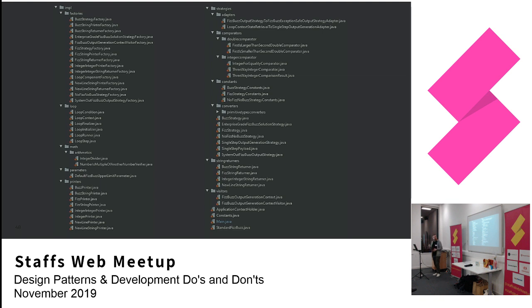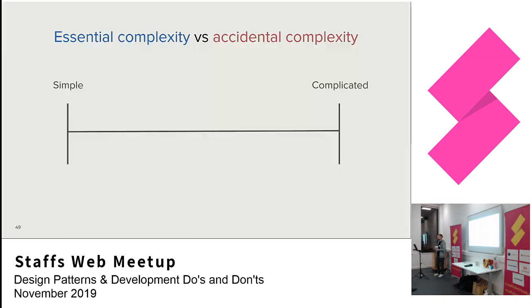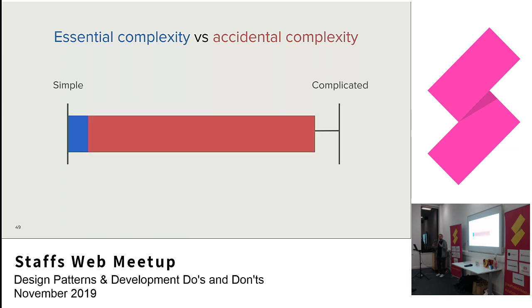And that's where we get into the discussion of essential complexity versus accidental complexity. We've taken a problem that is very simple to begin with, and through maybe either inexperience or just a desire to use patterns, or preempting that we need this flexibility that we might not ever need, we've applied patterns and we've come out with this extra layer of accidental complexity on top of it.